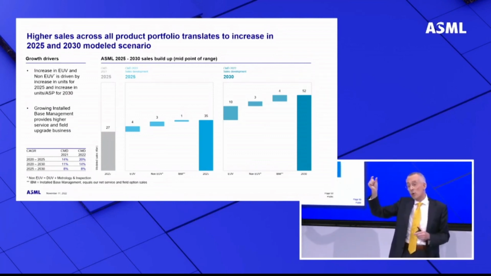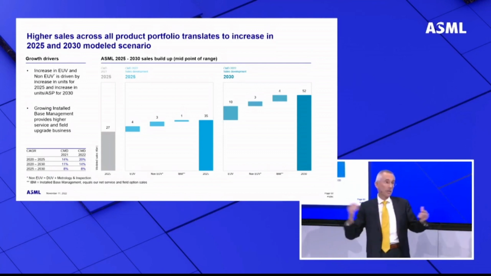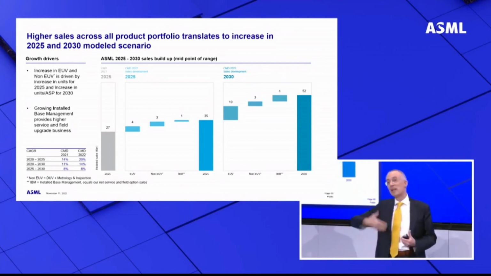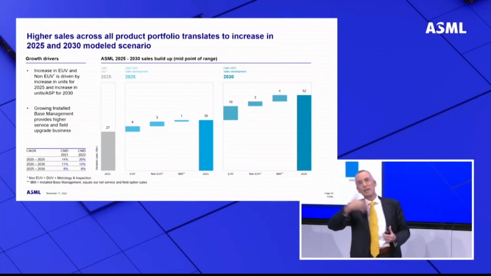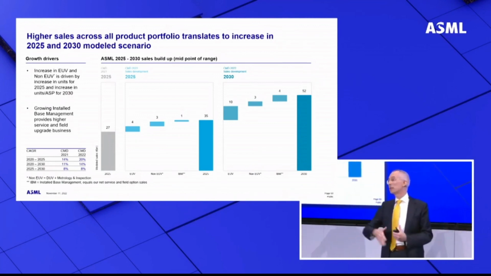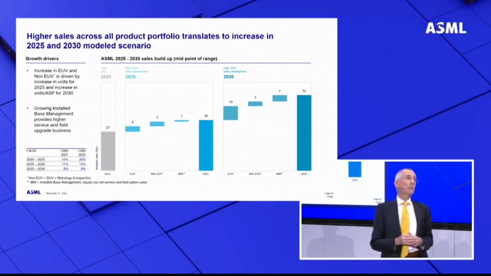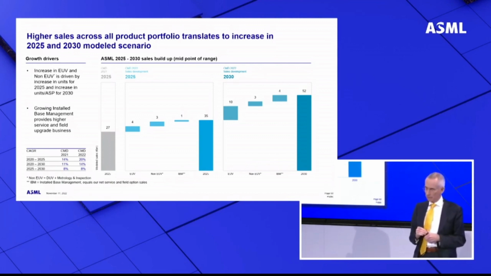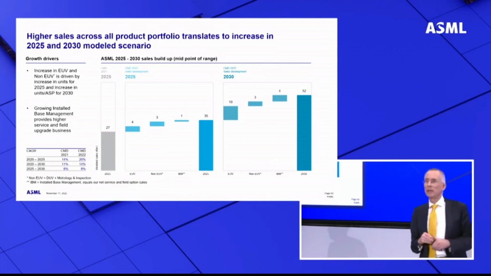But there's also an ASP increase because, as I mentioned to you earlier on, of course, the EUV tools that we're going to sell by 2030 have higher productivity, better overlay, et cetera, and as a result, more value to our customers, and will command higher ASPs than the tools that we're going to sell by 2025. Non-EUV business is going to chip in 3 billion.